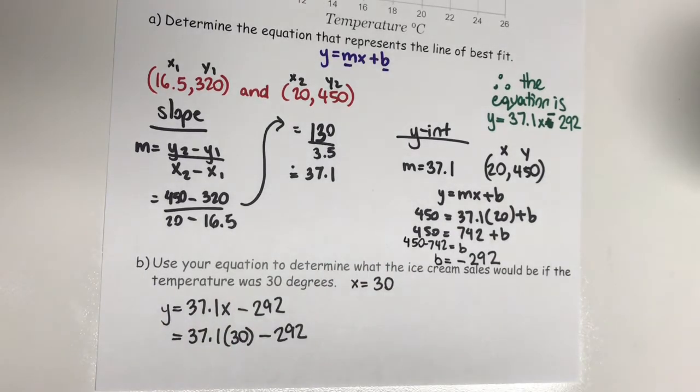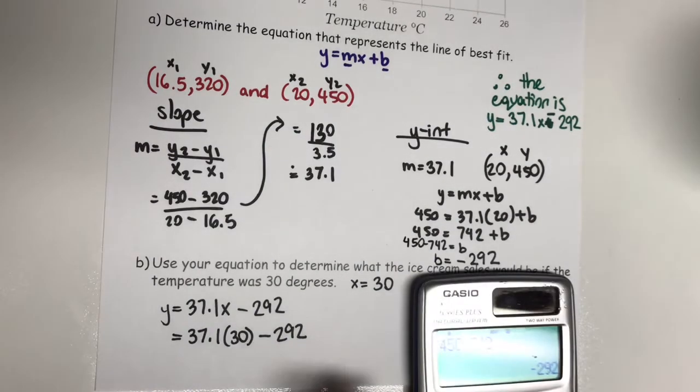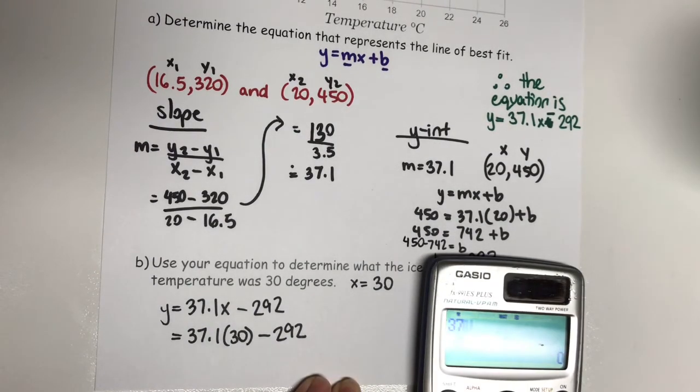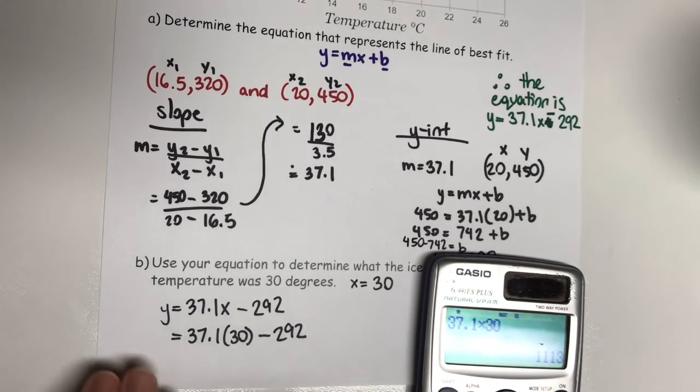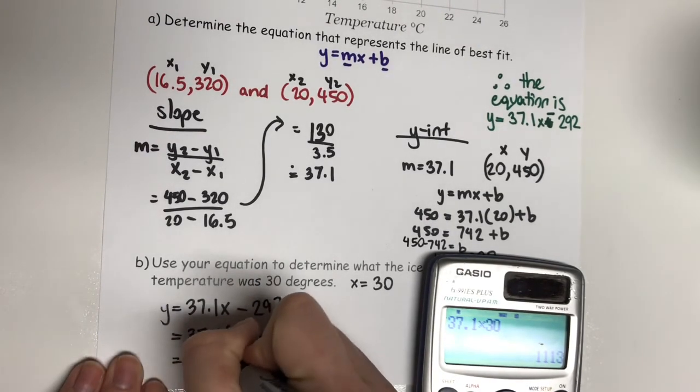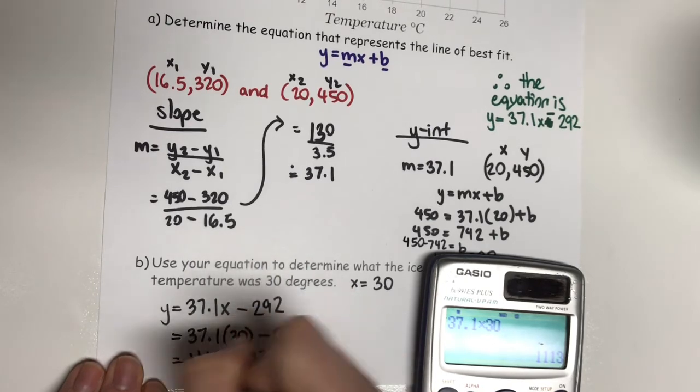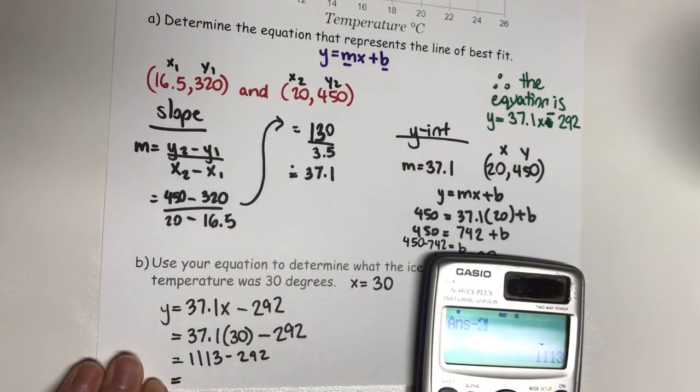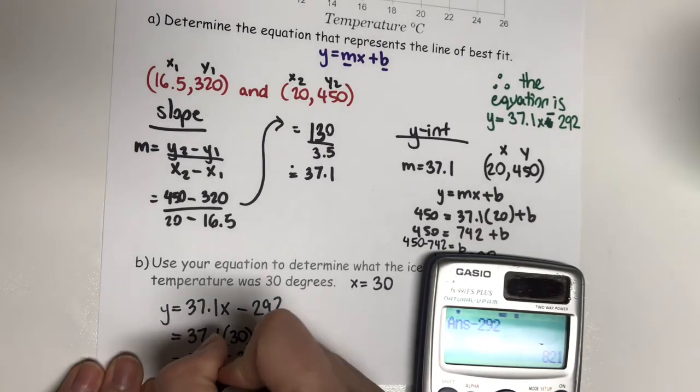Okay, so BEDMAS, I'm going to do multiplication first. So 37.1 times 30 gives me 1,113 minus 292, which gives me $821.